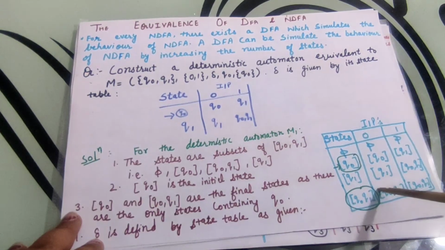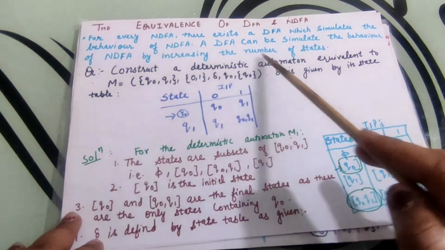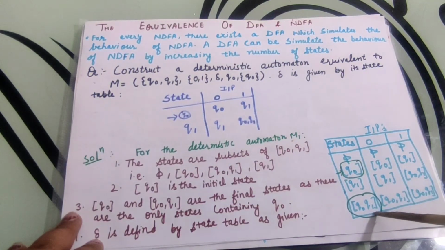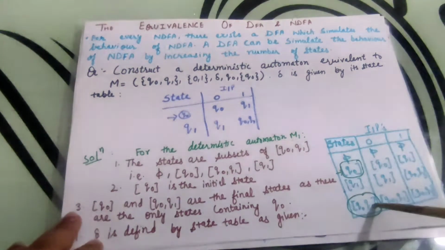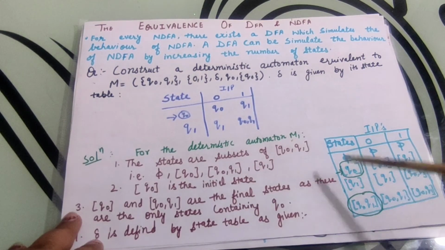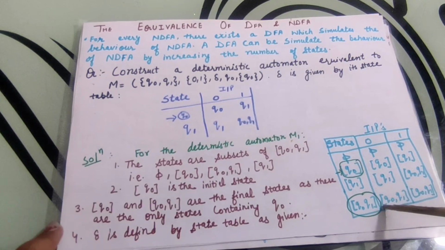But in case of the DFA transition table, as I discussed in the definition, the number of states increases. So here one more state that contains Q0 is Q0, Q1. So in the case of the DFA transition table, there are two final states. One is Q0 and another one is Q0, Q1.